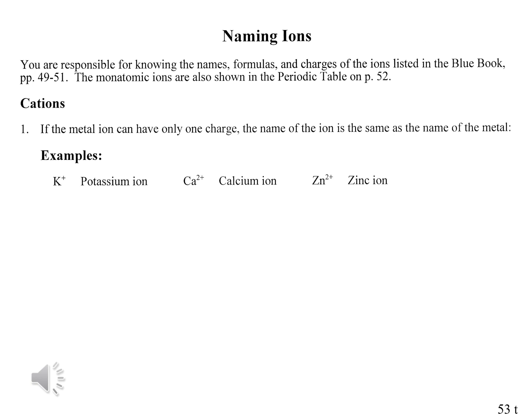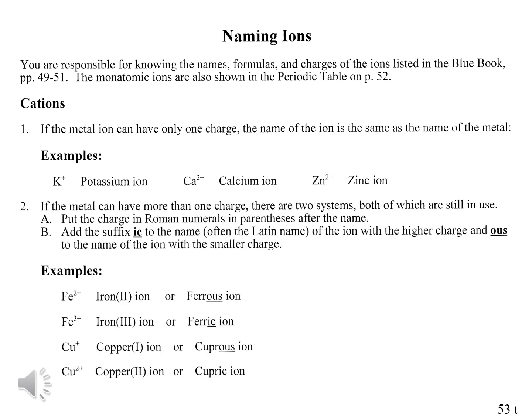But now I want to show you first of all that if you're naming positive ions, the ones that can only have one charge, the ion gets the same name as the element. So for example, K+ is potassium ion, Ca2+ calcium ion. The time when there's a little bit of difference in the naming is when the ion can have more than one charge.